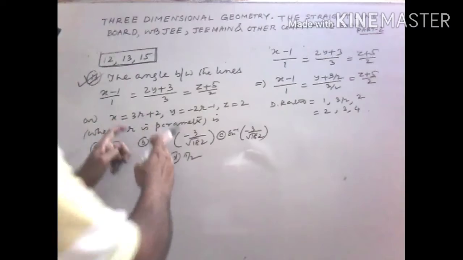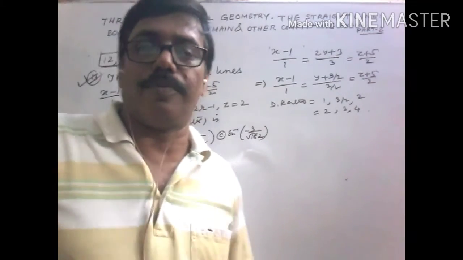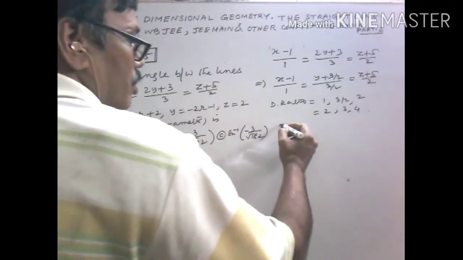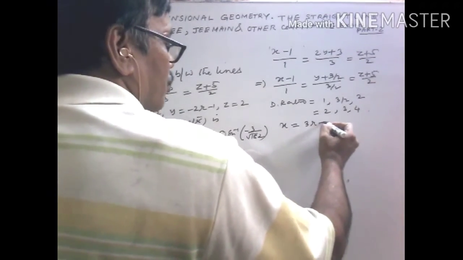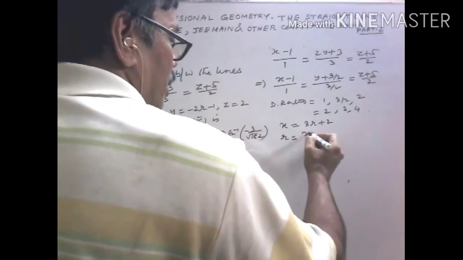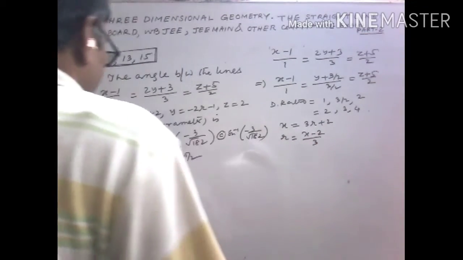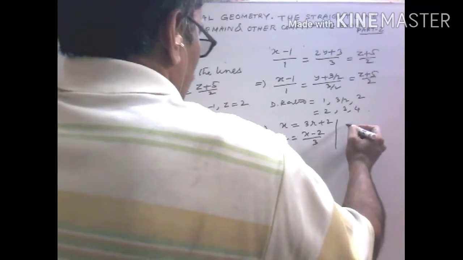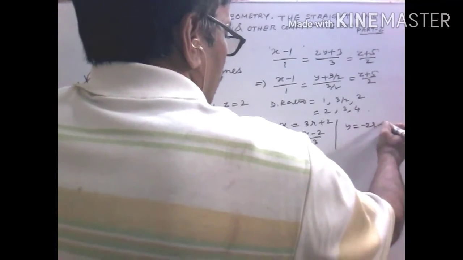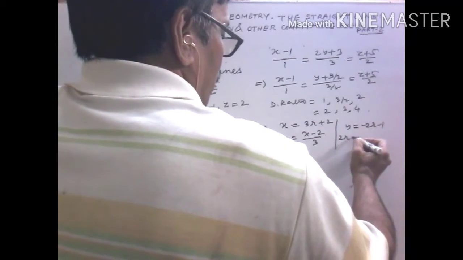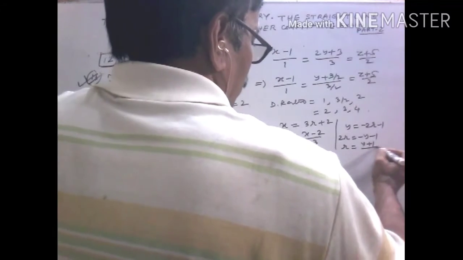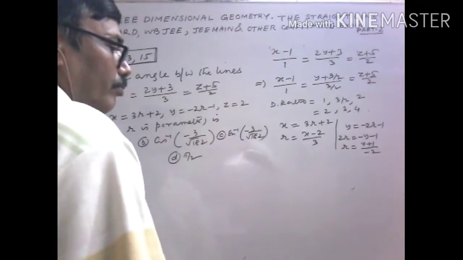Now the second line is not given in standard form. It is given in parametric form, where r is the parameter. From the first, x equals 3r plus 2, so r is x minus 2 by 3. And y equals minus 2r minus 1, so 2r equals minus y minus 1, so r equals y plus 1 by minus 2.